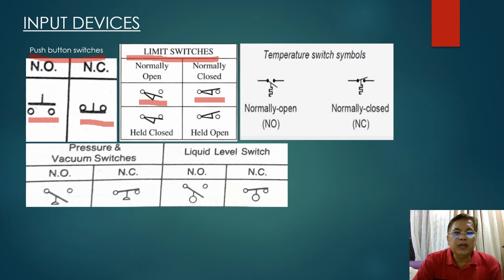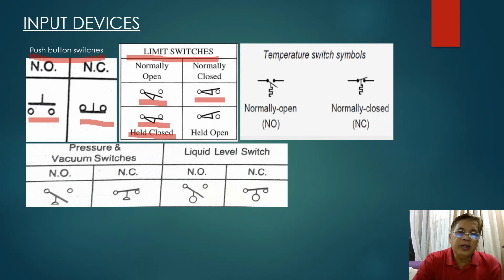Now, this particular symbol here is also a limit switch. This is actually a normally open limit switch held closed, meaning to say that once an object hits a normally open limit switch, it will be closed, which is represented by this particular symbol.